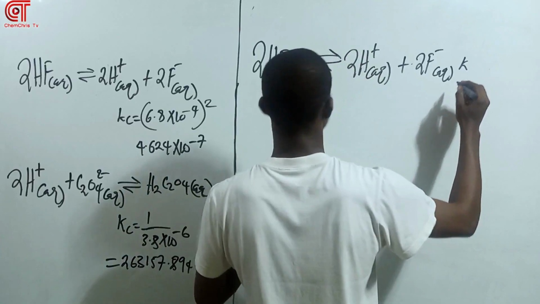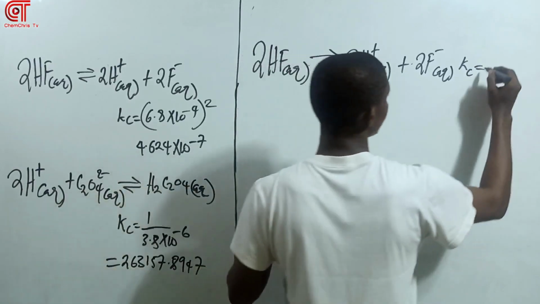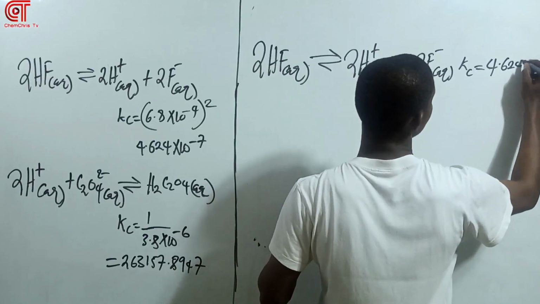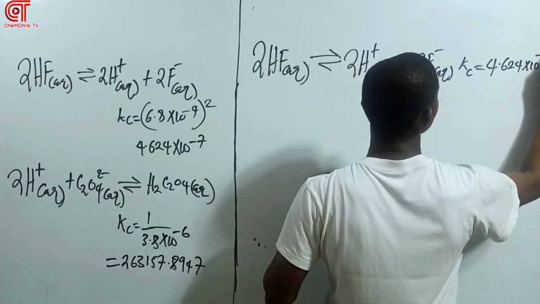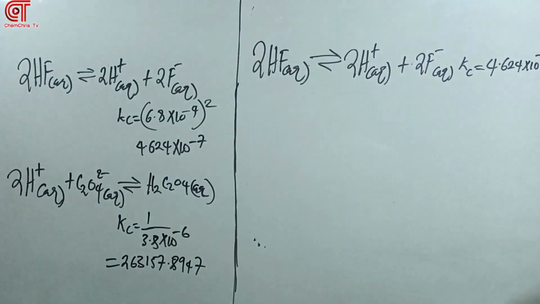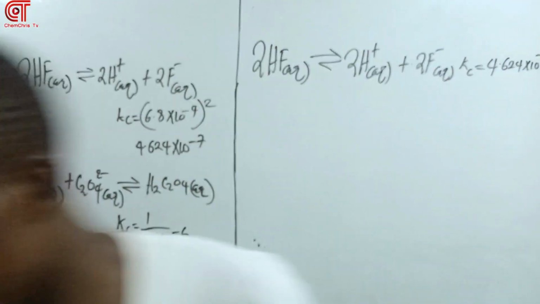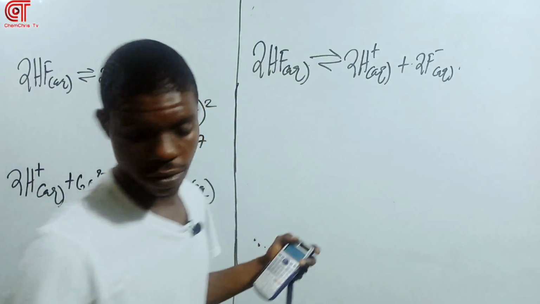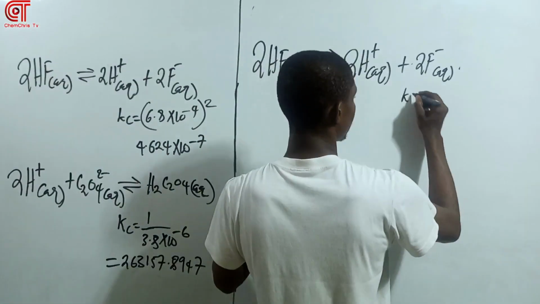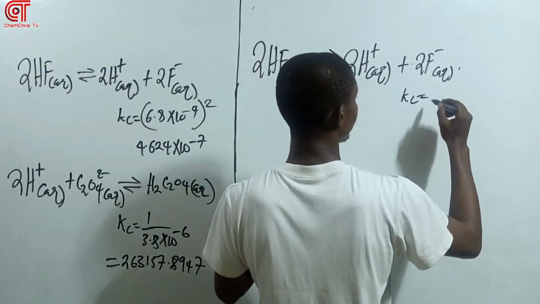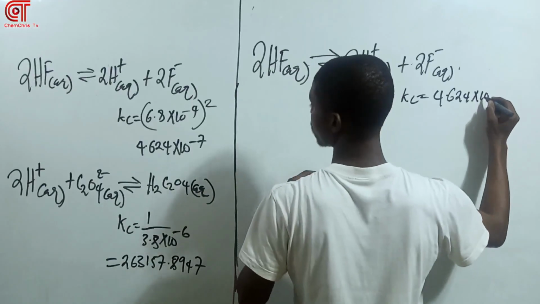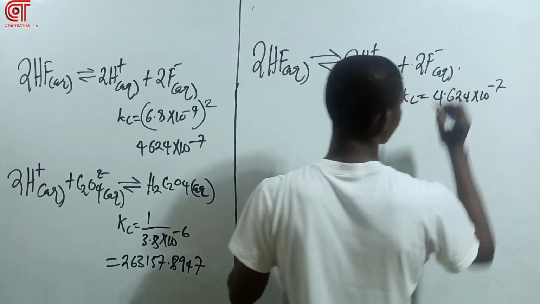My Kc equals 4.624 exponential 7, right?